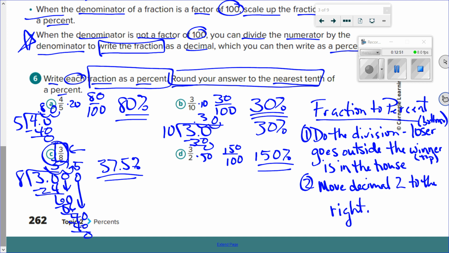So I'll give you guys a moment to make sure you have that copied into your notes. But it's basically just combining what we just did with decimal to percent with what we've already taught you about how you turn a fraction into a decimal. Okay? If you didn't get it all, you can always watch the video later. I should have it posted before the end of the day.